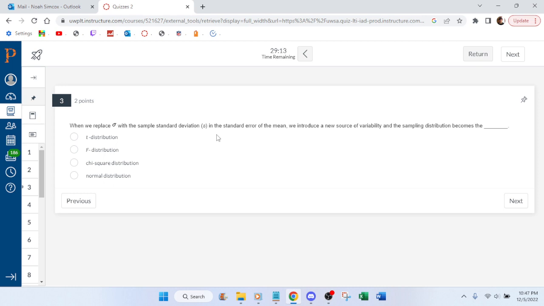I think it's T distribution, though, isn't it? Great. Standard error. Standard error. Maybe it's here. Chi-square distribution useful for estimating standard deviations.